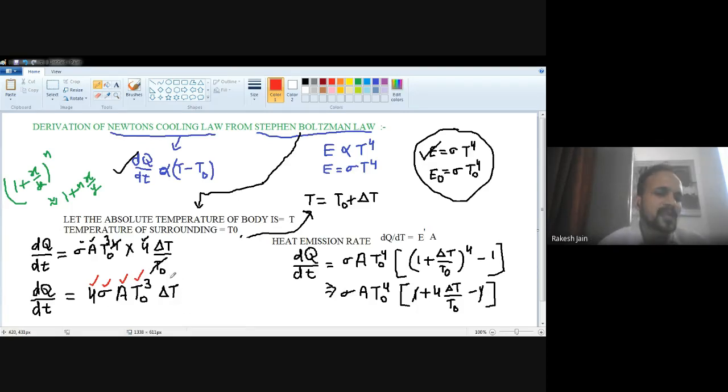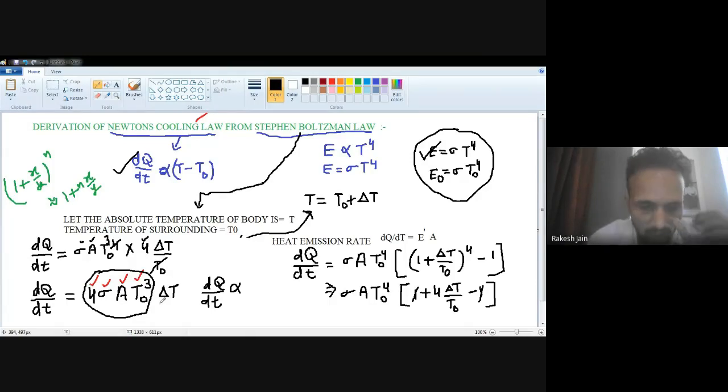Only del T is a variable thing. So we can say dq upon dt is proportional to... whenever the proportional sign is removed, then some constant will become, so this constant is the value of 4 sigma A T0 cube.